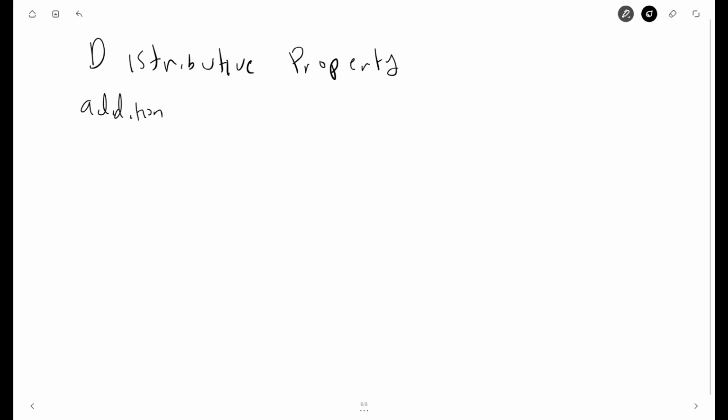The next property we're looking at is called the distributive property. The distributive property connects multiplication and addition. It states that multiplying a number by a sum gives the same result as multiplying the number by each addend and then adding the products. So it's something between addition and multiplication.